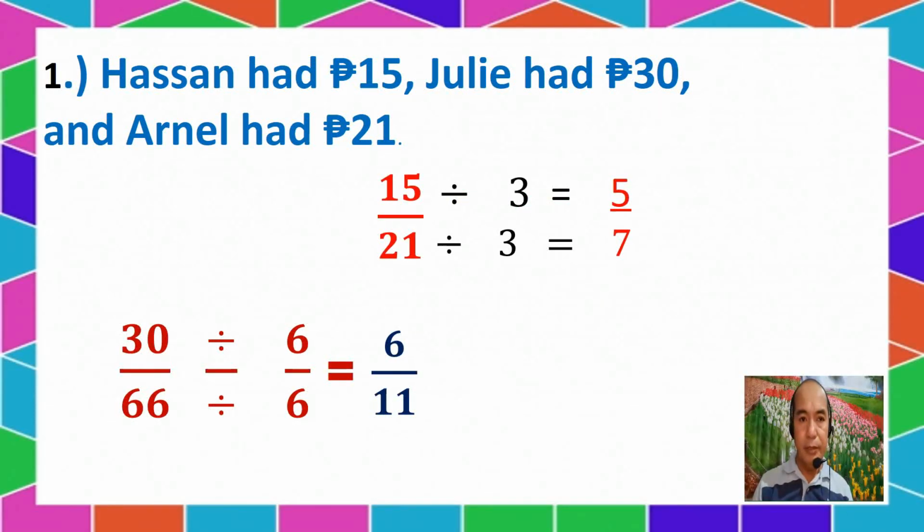Okay, reducing our answers to the lowest term, we have letter C. The amount of money Hassan had is 5 over 7 or 5/7 of the total amount of money Arnel had. For letter D, the amount of money Julie had is 6 over 11 or 6/11 of the total amount of money they all have.